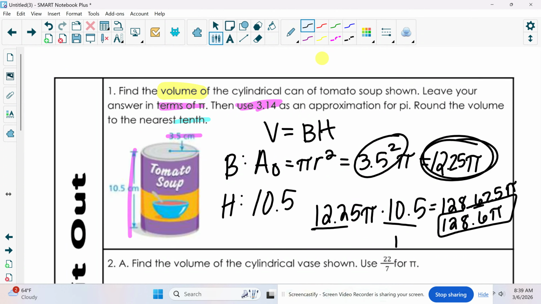So it'd be 128.6 times 3.14, which would give me 403.8. But it really is an approximate, so it should have the little wiggle symbols. And it's centimeters cubed. Okay.